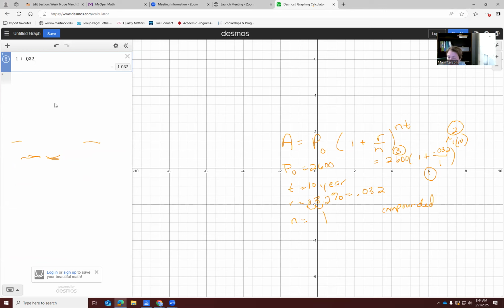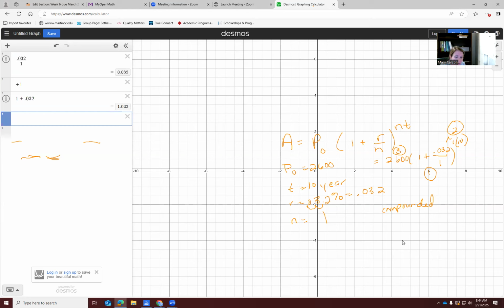Now, if there was a number underneath that, you could do that 0.032 divided by 1, enter. Then add the 1 to it, enter. So 1 plus 0.032 is 1.032. Then we're going to raise it to that power, which is 1 times 10, which is 10.